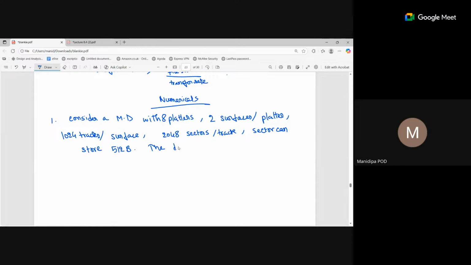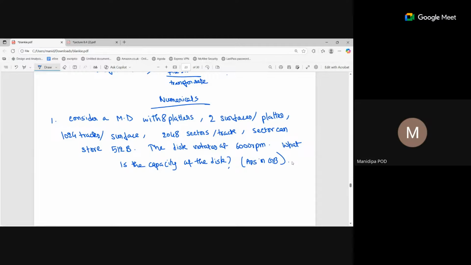The disk rotates at 6000 RPM. The question is, what is the capacity of the disk? And your answer should be in gigabytes. Okay, so please solve this question.